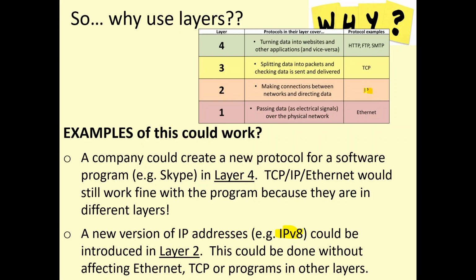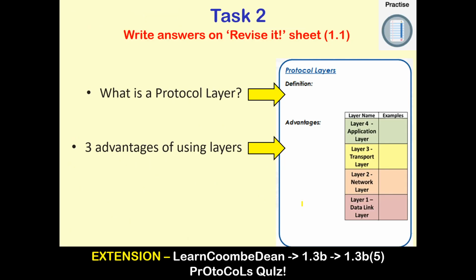So you can change one layer or one part of protocol in a layer without affecting the other layers. That is the benefit of working in layers, because each layer is self-contained. On your sheet, what is a protocol layer and what are the advantages of using them?